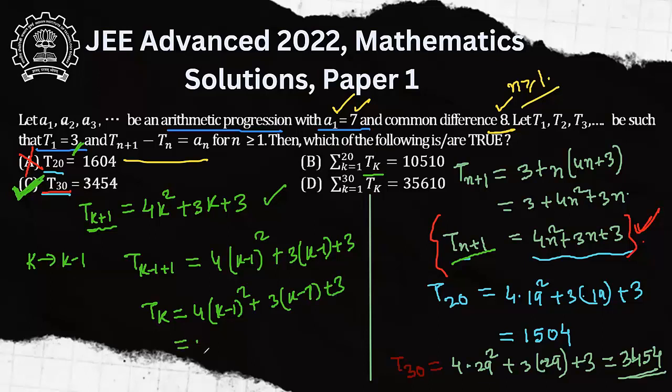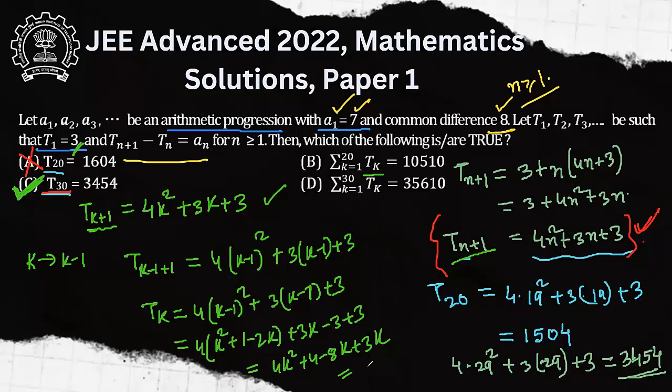This is equal to minus 3 plus 3. This is equal to 4k square plus 4 minus 8k plus 3k. 3 minus 3 gets cancelled. And this is finally equal to 4k square minus 5k plus 4.